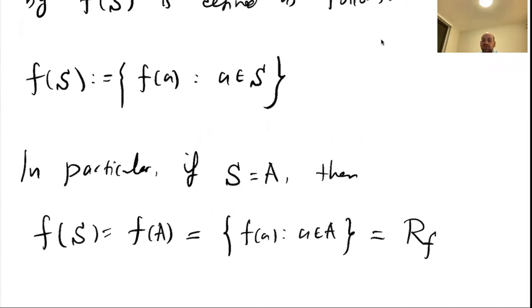And set of all outputs is range. So we are giving a definition more general than the range, f of any set. Now, if your set is the whole domain, you get the range. Otherwise, you get something which is a subset of the range, right?